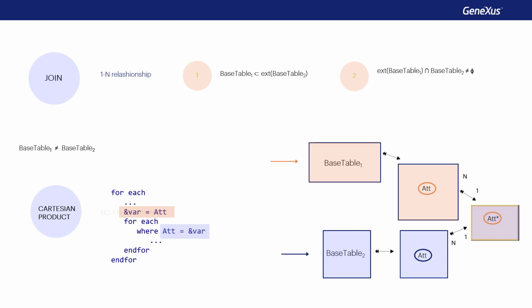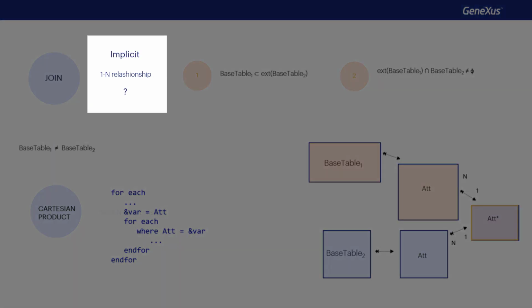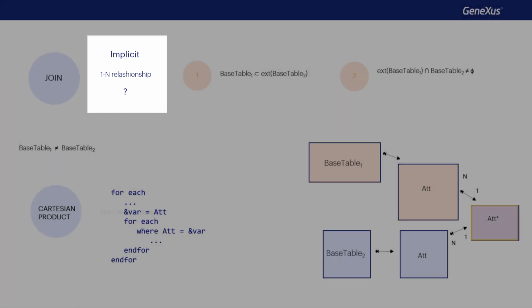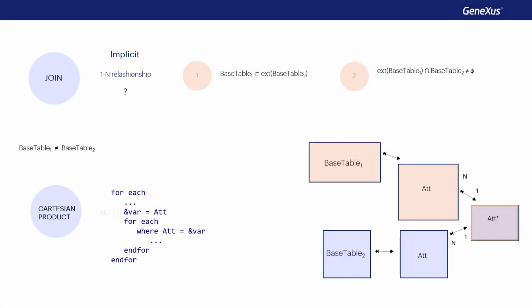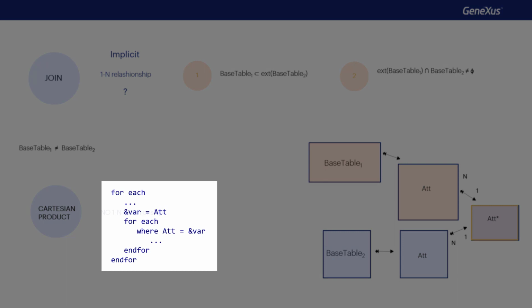Let's take this opportunity to make a clarification. When we speak of a join or Cartesian product, of this difference, we're referring to the implicit determinations of Genexus, not to whether it ends up filtering the information of the nested one. Note that in this case, it's a Cartesian product in the sense that if we had not written a where, Genexus would not add it implicitly either.